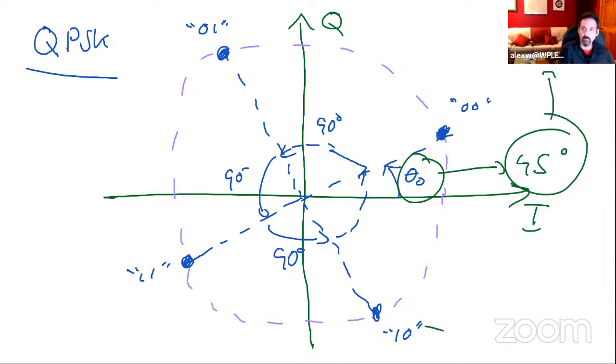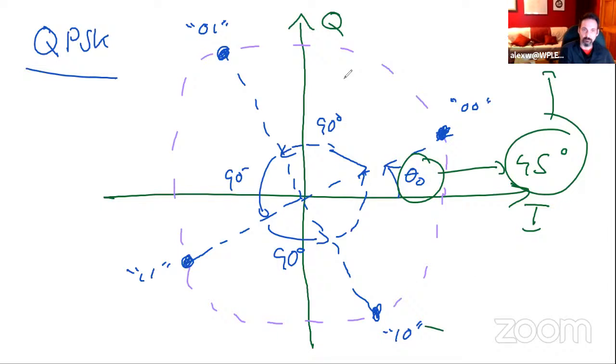This is pi over 4 QPSK. So this implies that we have essentially a 45 degree offset for all the points, but they're still 90 degrees separated from one another.